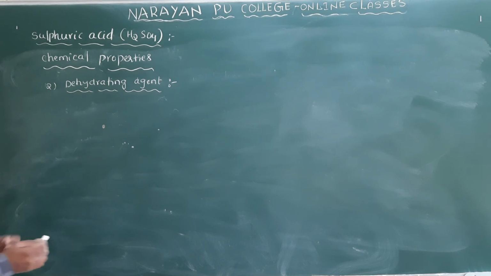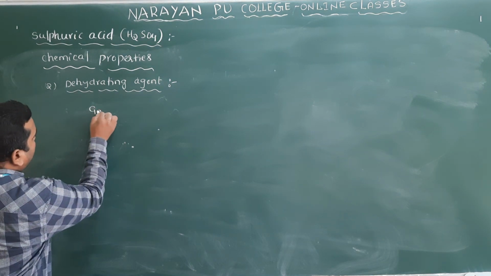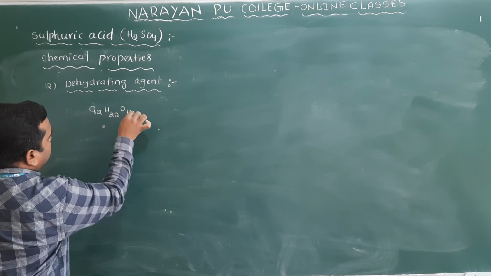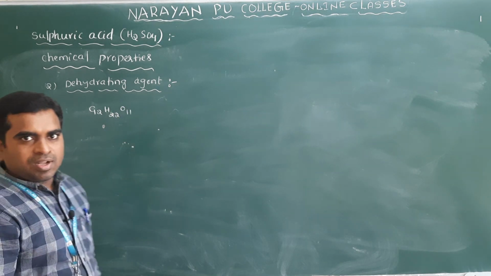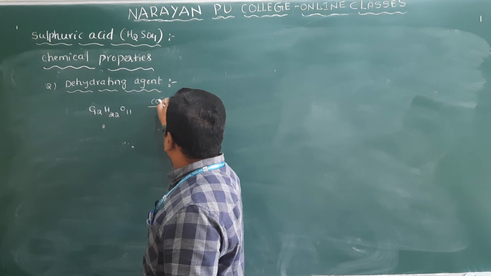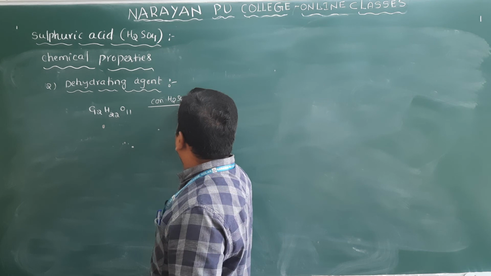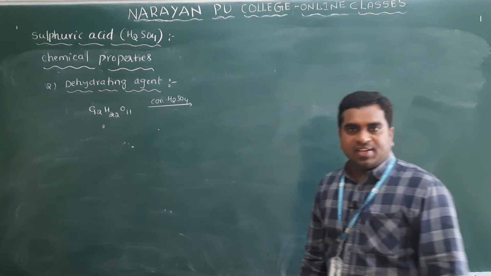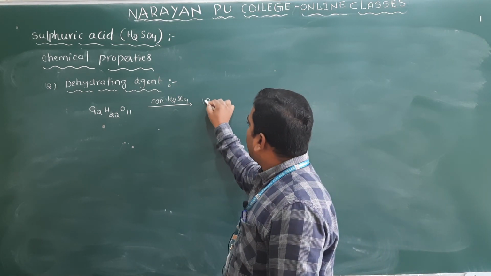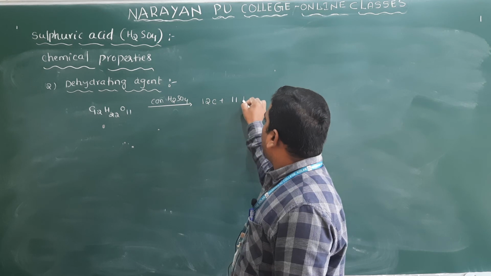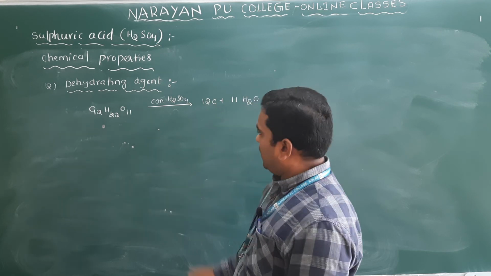If you take, suppose, the first one, C12H22O11, what is this? Sugar. Clear? If we treat this with concentrated H2SO4, a powerful dehydrating agent, what will we get here? 12 carbons, and 11 molecules of water will be removed.